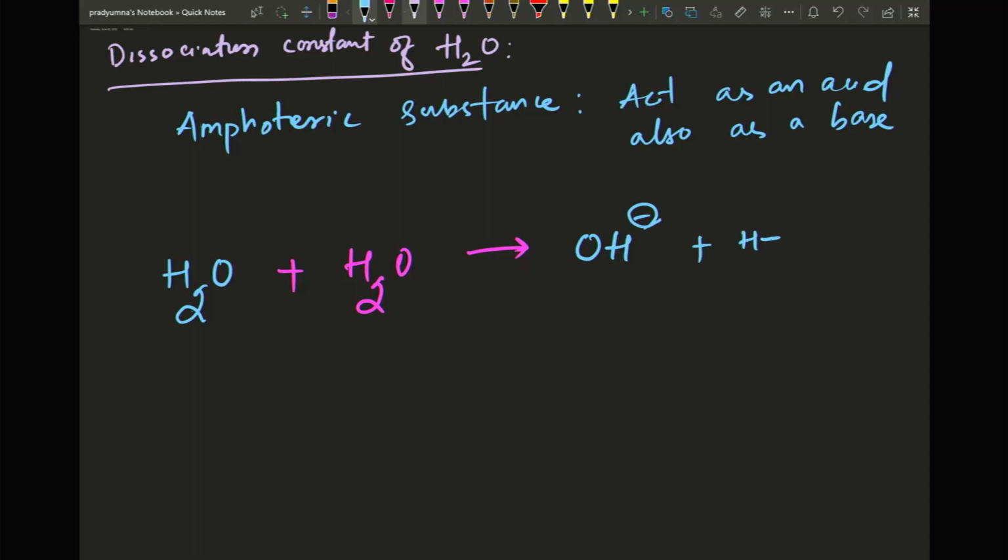So now it becomes H3O plus, with a positive charge. So the blue one is our acid and the pink one is acting as a base, and that's why we call water an amphoteric substance, because it can act as an acid and also as a base.